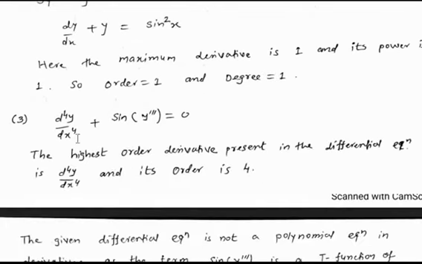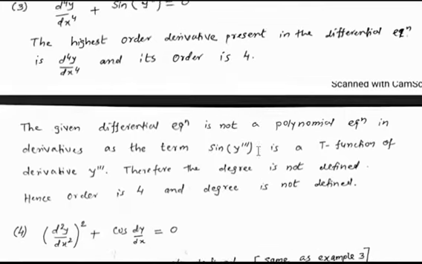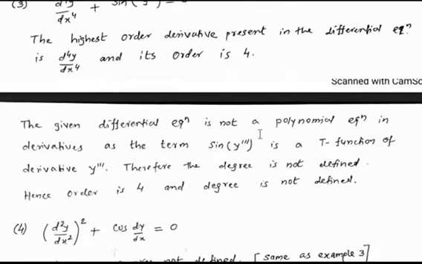Now problem number 3, fourth order derivative d raised to 4 y by dx raised to 4 plus sin y triple dash equals 0. Here the highest order derivative present in the differential equation is d raised to 4 y by dx raised to 4. So its order is 4. The given differential equation is not a polynomial equation in derivatives.